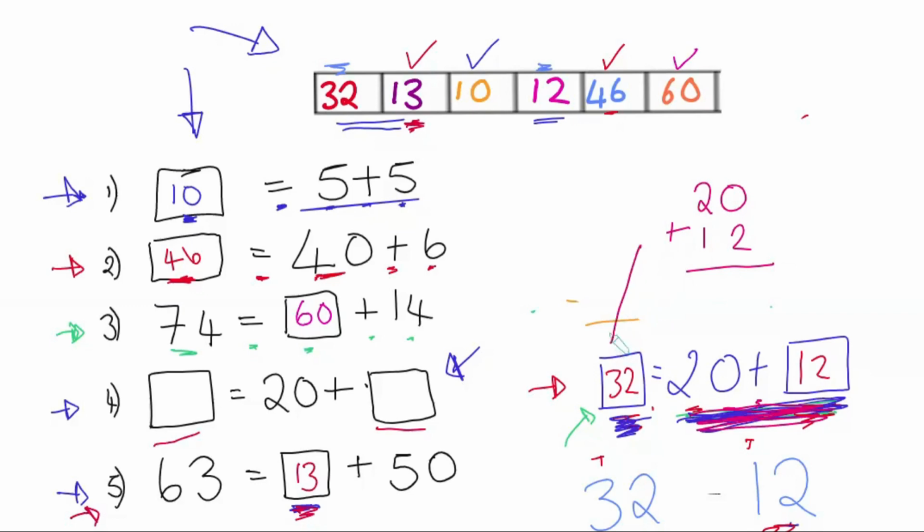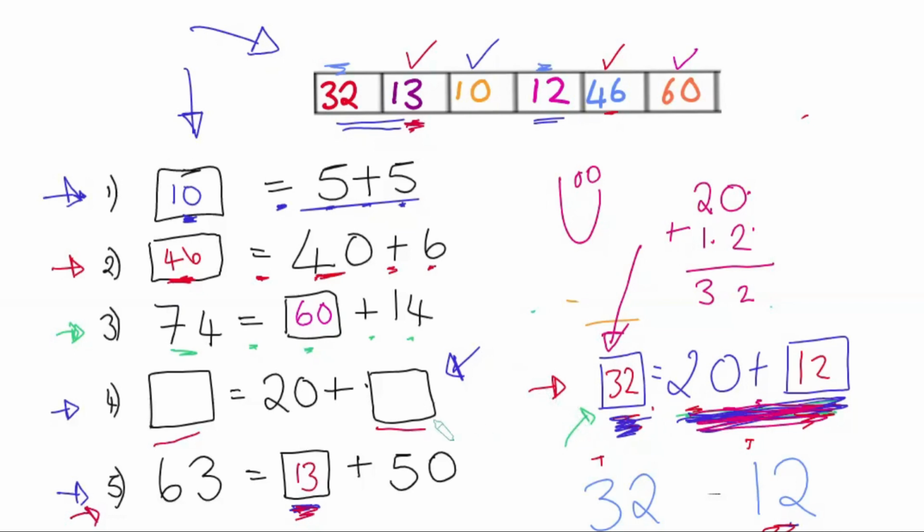If we're correct, the answer should be 32. Fantastic, well done. Here we go, let's work it out. 0 plus 2, number 2, fab. And then 2 plus 1, absolutely, it's got to be 3. So we are correct.